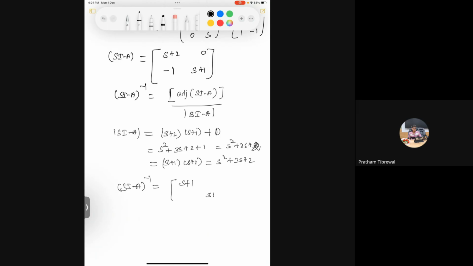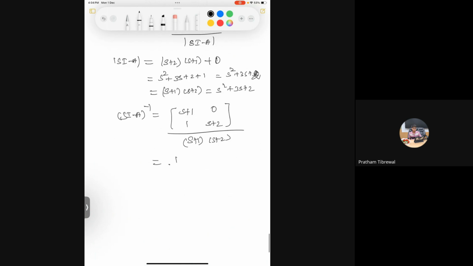S plus 1, S plus 2, 0, 1, divided by S plus 1 into S plus 2. Then this will give me 1 by S plus 1 into S plus 2. Just to visualize this, if I multiply everything inside, this will be 1 by S plus 2, 0, 1 by S plus 1 into S plus 2, 1 by S plus 1, right?